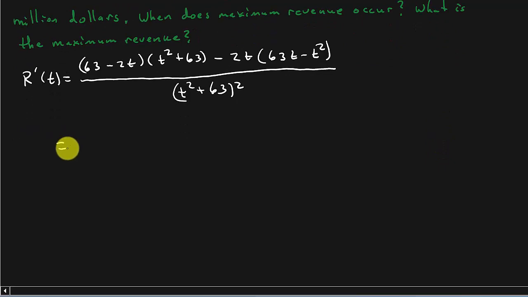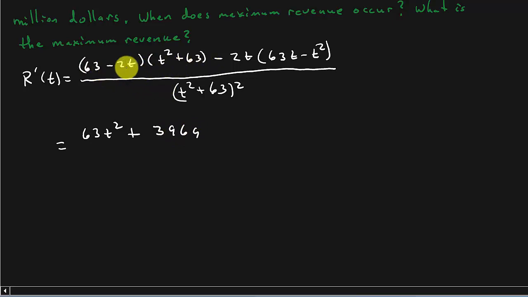So here comes the fun part, simplifying this thing. I've got to multiply all this out. So that's going to be 63t squared plus, I have no idea what 63 times 63 is, that is 3969. I hope these reduce quite a bit.